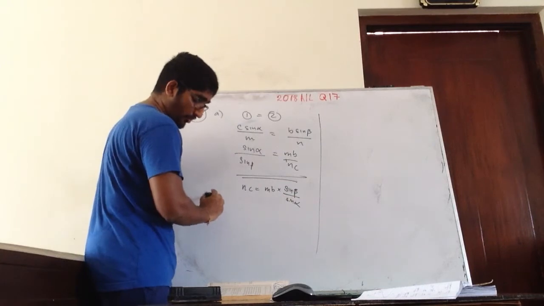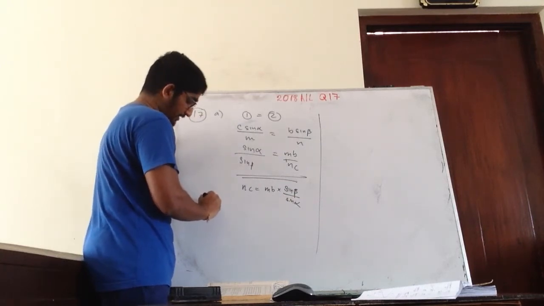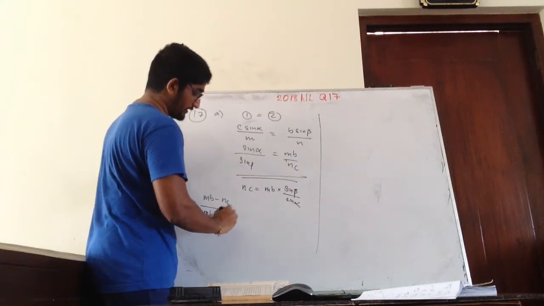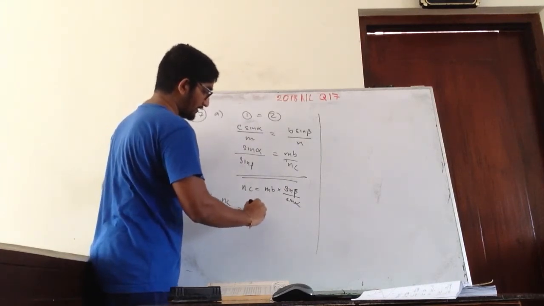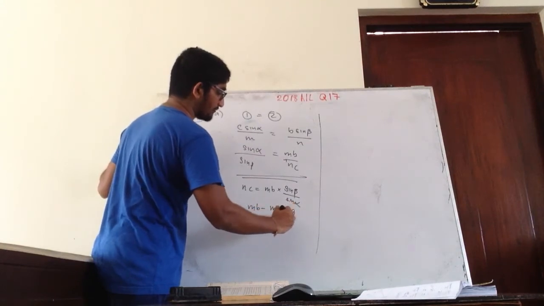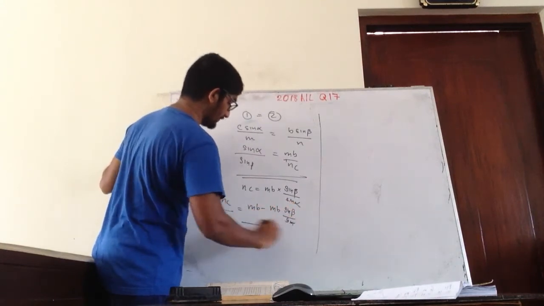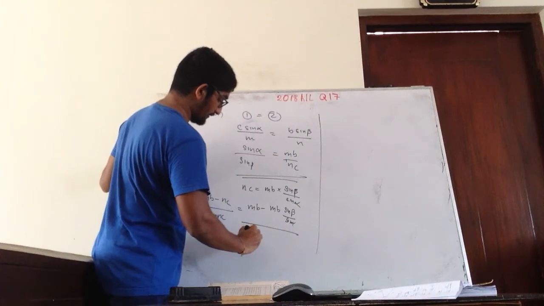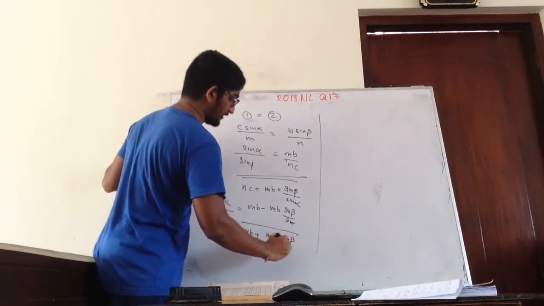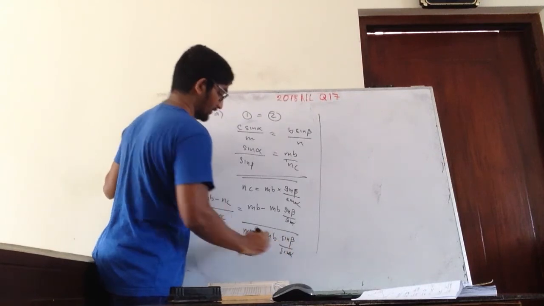So now when I want MB minus NC over MB plus NC, I can get MB minus MB sine beta over sine alpha, over MB plus MB sine beta over sine alpha.